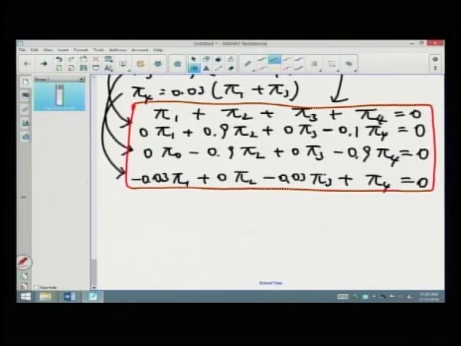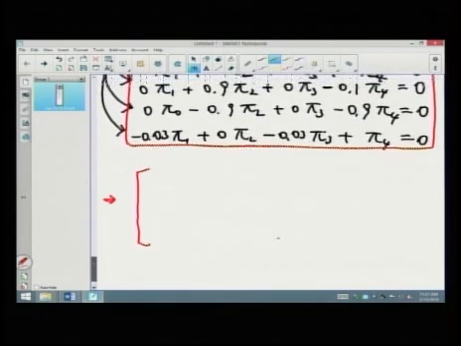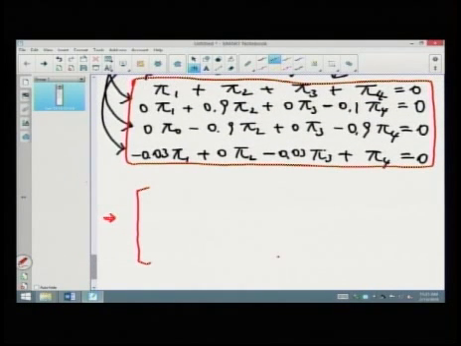So what I'm going to do here is have a big matrix. Let's say this is the pi 1 column, pi 2 column, pi 3 column, pi 4 column.